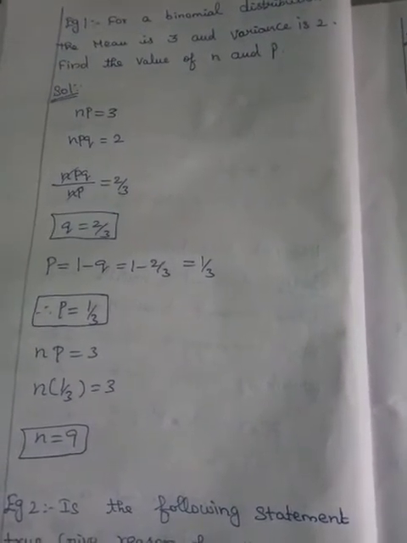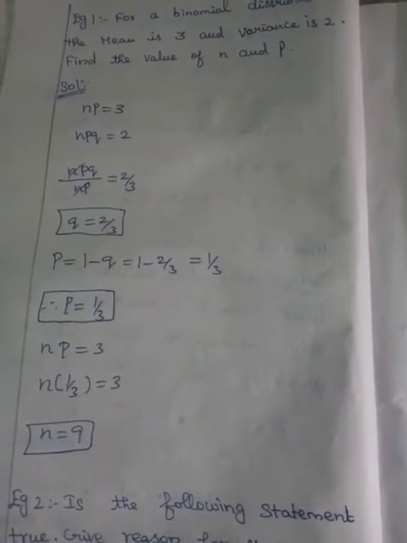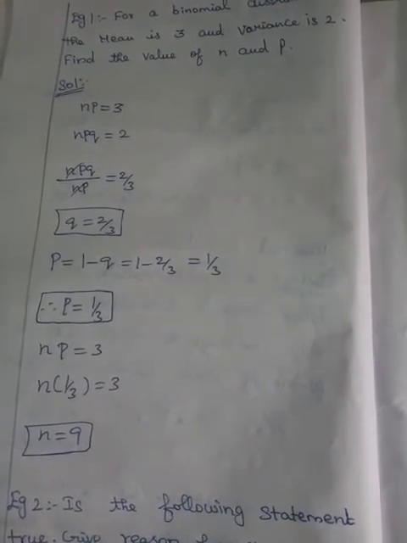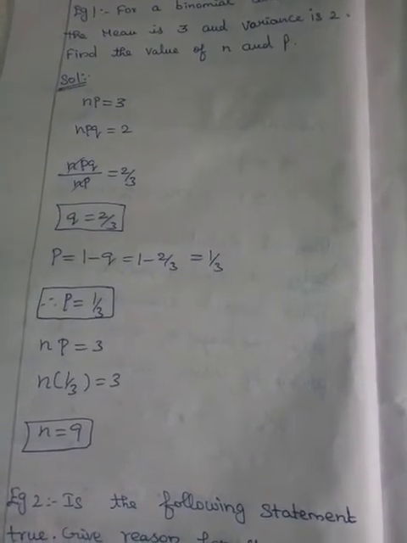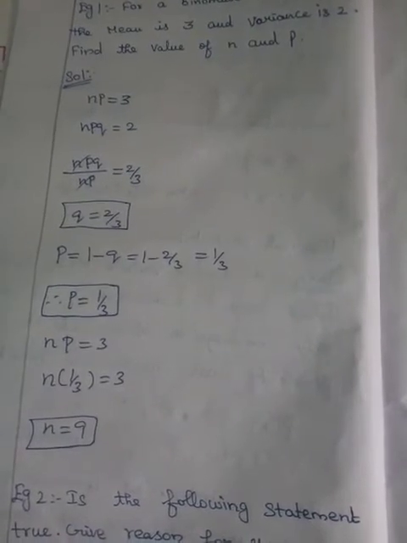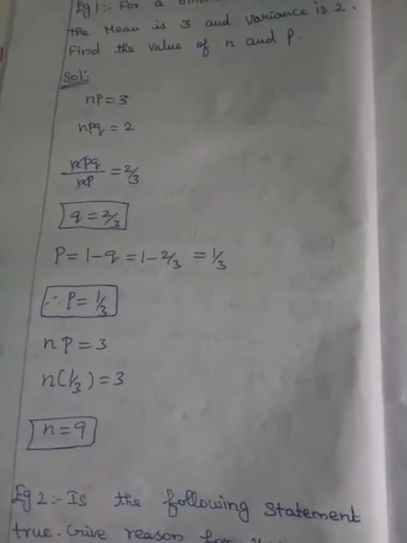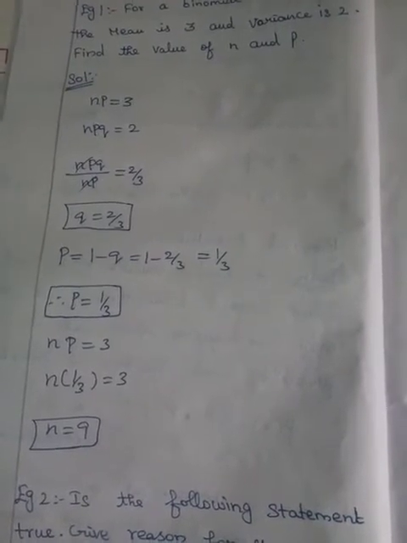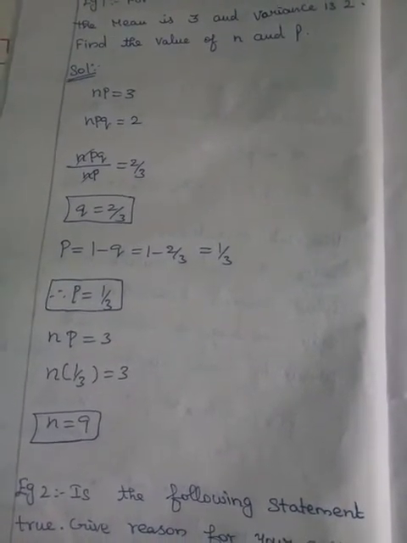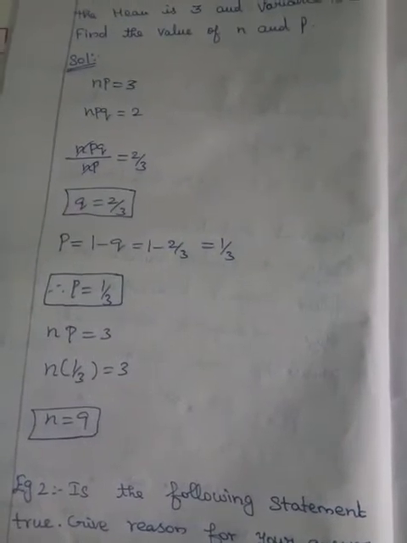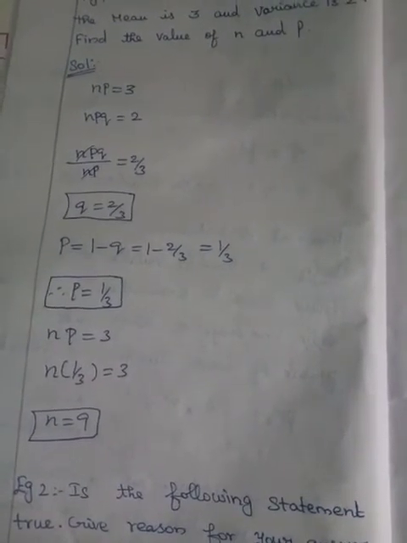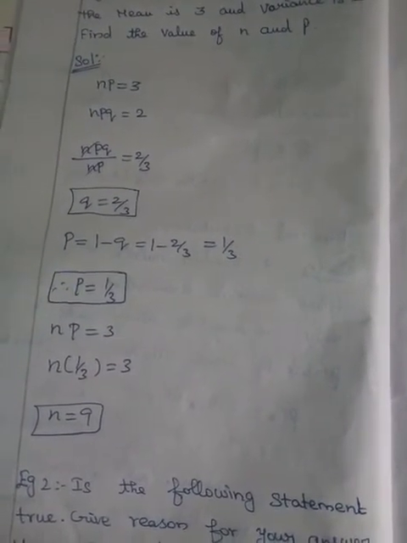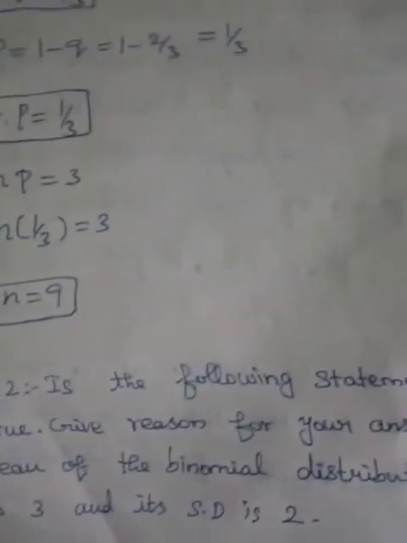Therefore p equal to 1 by 3, q value is 2 by 3, so np equal to 3. Substituting p value, we get n into 1 by 3 is equal to 3, cross multiplying n equal to 9.